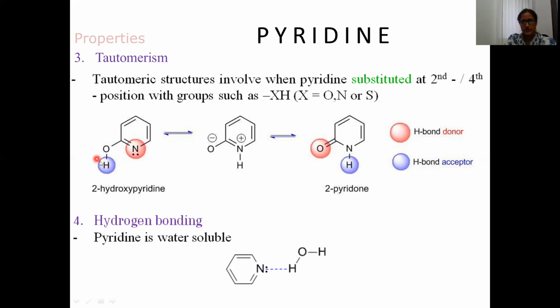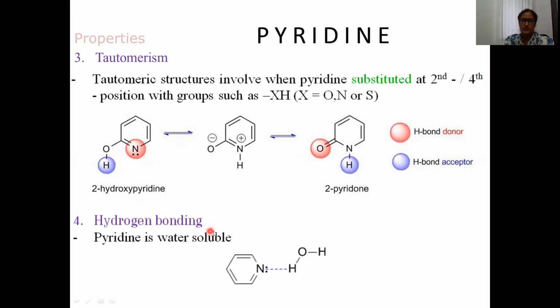So this hydrogen may be switched over here by delocalization or abstraction of the proton, and they may produce two types of structure, 2-hydroxypyridine and 2-pyridone.